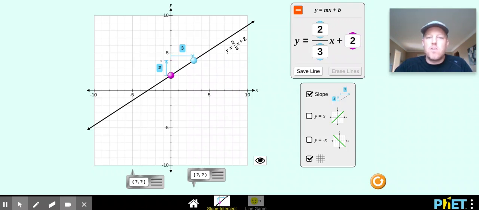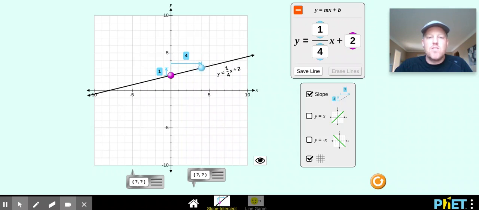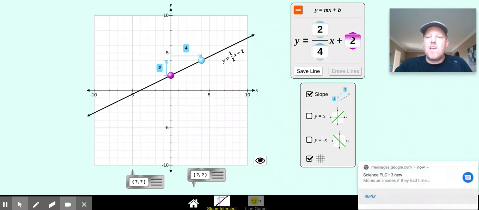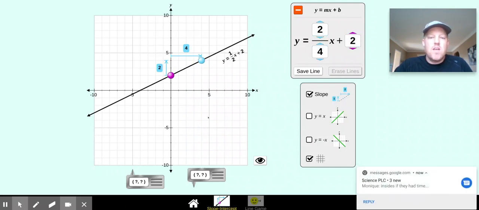This PhET software, which I'll provide you a link to later, has two different things in here. The first just lets you mess with the slope of a line. You can see visually, using the blue and the pink here, what's happening to the slope and what's happening to the y-intercept.